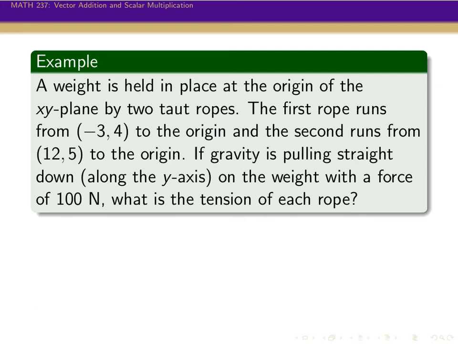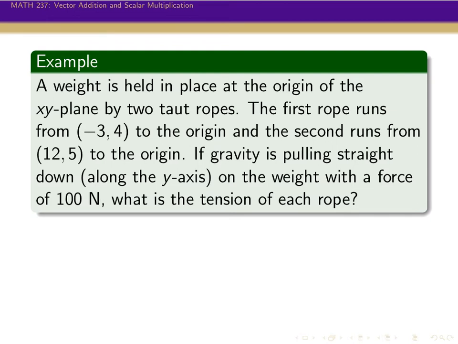Okay, so let's run through an example like this, sort of focusing on this force cancellation. Okay, so in this example, we have a weight held in place at the origin of the XY plane by two taut ropes. The first rope runs from -3,4 to the origin, and the second runs from 12,5 to the origin.